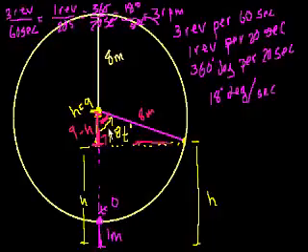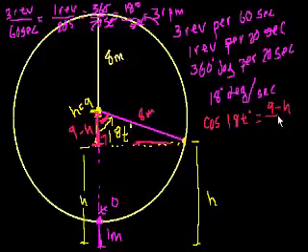So what trig function deals with adjacent and hypotenuse? Cah, cosine is adjacent over hypotenuse. So we could say the cosine of 18t degrees is equal to its adjacent side, 9 minus h, over the hypotenuse, over 8.